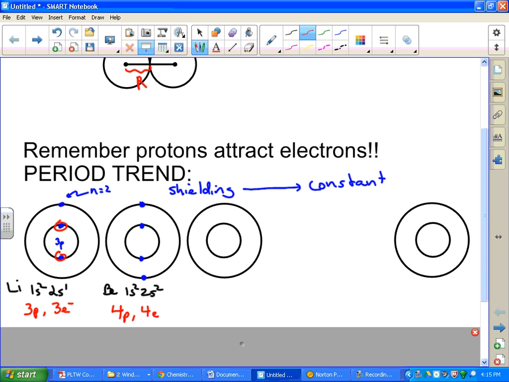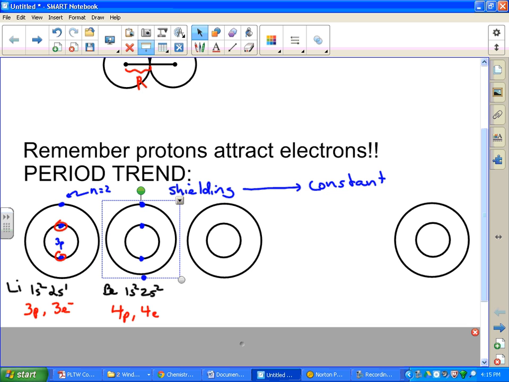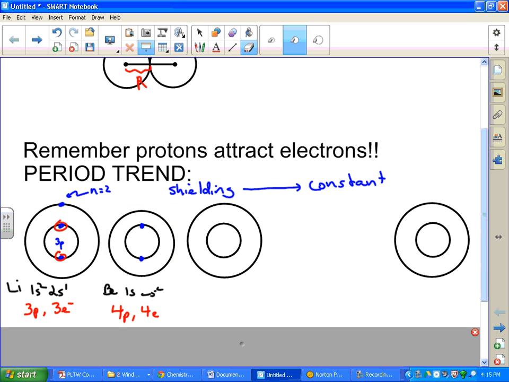But since shielding stays roughly the same because there's 2 inner core electrons, just like lithium, beryllium's 4 protons cause this to shrink down a bit. And so beryllium is smaller than lithium. So I'm going to put that here.